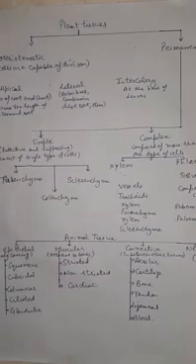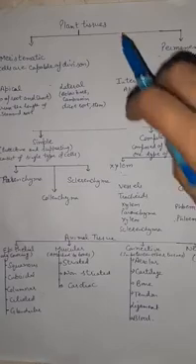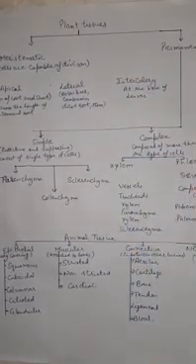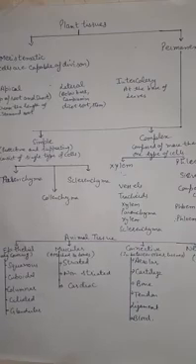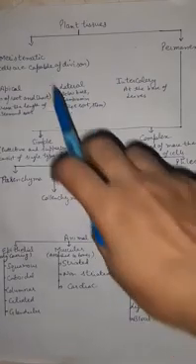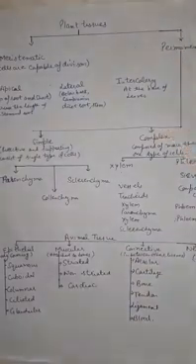Hello students, today we are going to discuss the chapter Tissue. As we know, tissues are of two types, plant tissue and animal tissue. Plant tissue is further divided into two types, meristematic tissue and permanent tissue.